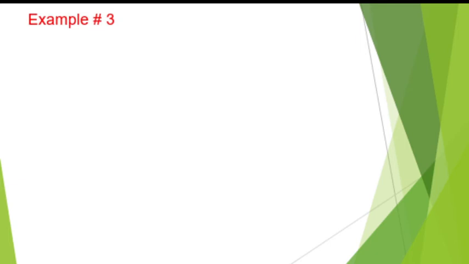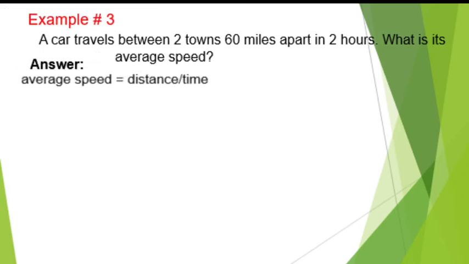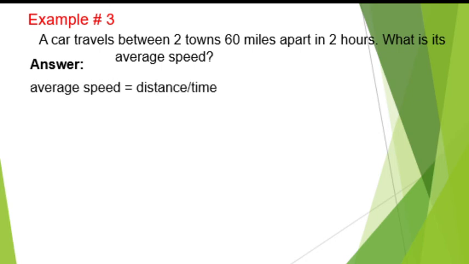Sample number 3. A car travels between two towns 60 miles apart in 2 hours. What is its average speed? This time the unit is miles and hours. The average speed is equal to distance divided by time.